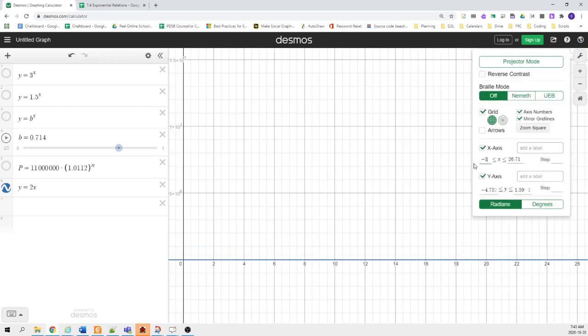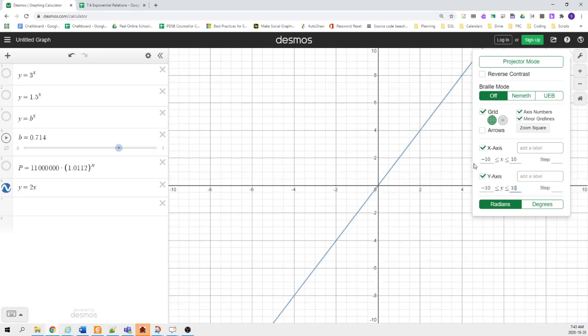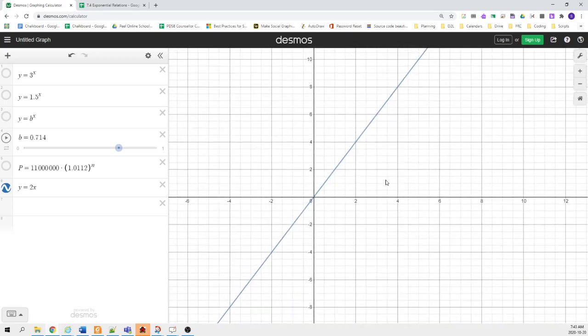I'm just going to use -10 to 10 so that I can see my line. So this line has a y-intercept of 0. It doesn't have a maximum, it doesn't have a minimum because it keeps on going up and it keeps on going down.